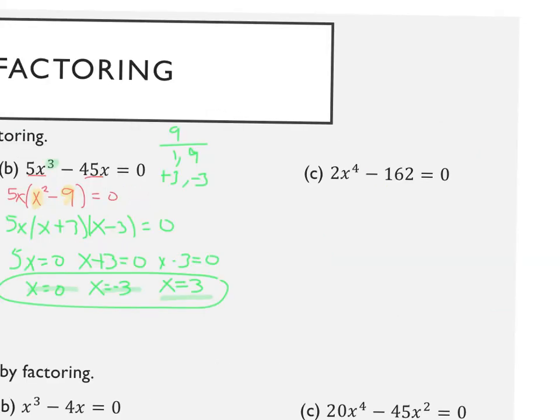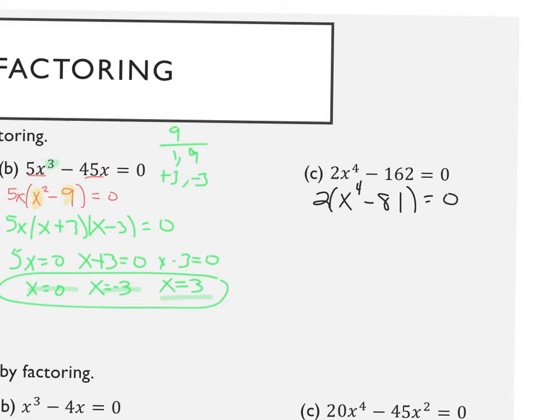So if we look at our third example, do we have a similar situation? Is there maybe a greatest common factor? Well, we know 2 and 162 are even numbers, which means they're both divisible by 2, and we can factor that 2 out. So x to the 4th, and 2 into 162 is negative 81. Now, same kind of situation.